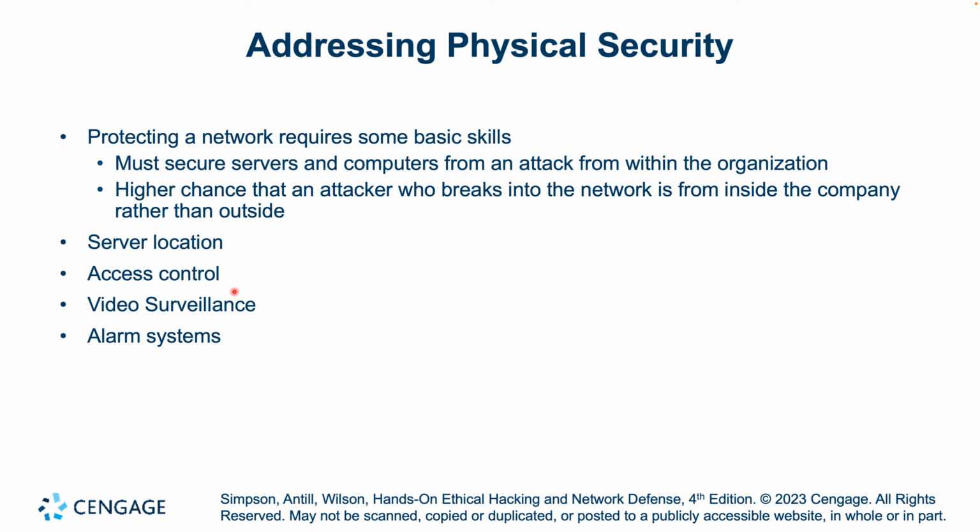Visitor policies, this is a must. You must implement visitor policies, such as requiring escorts for visitors, sign-in procedures, and temporary access badges. This is a very common thing in big corporates. Train employees, educate employees on the importance of physical security, including properly handling access cards or keys, not allowing tailgating.